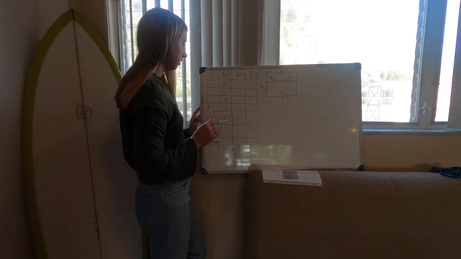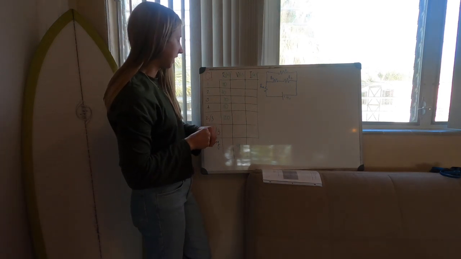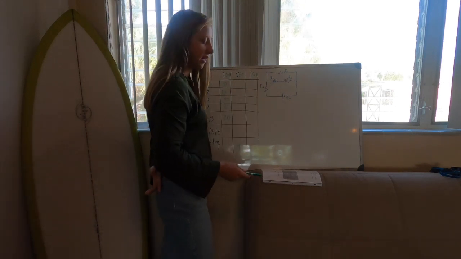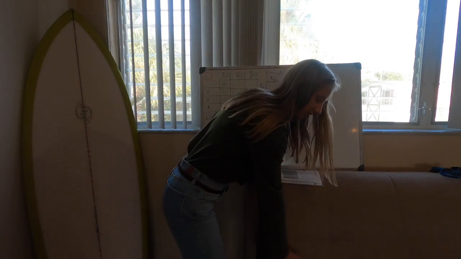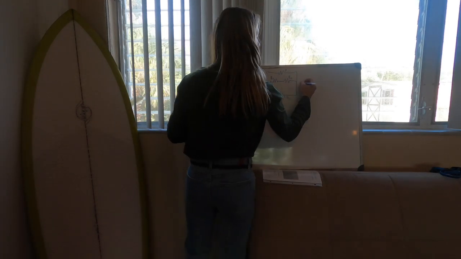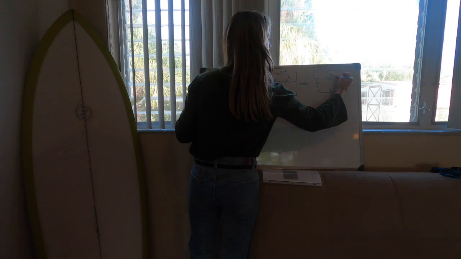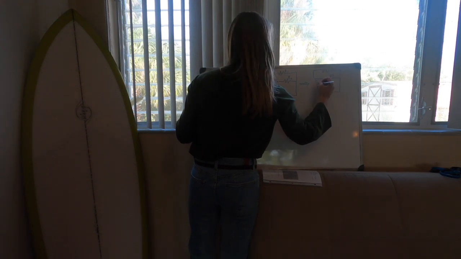Okay, so let's take the next step in simplifying this circuit, which we basically already did. 2 and 3 can be added together to give you an equivalent resistance of 20. So redraw this. Okay, so this is 20, 10.